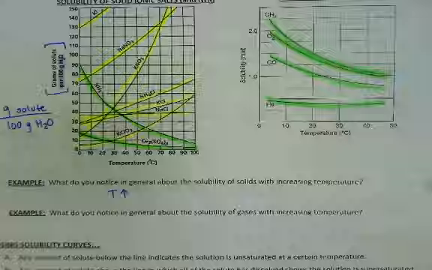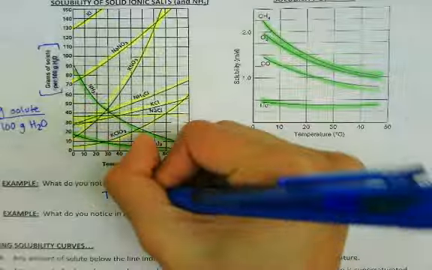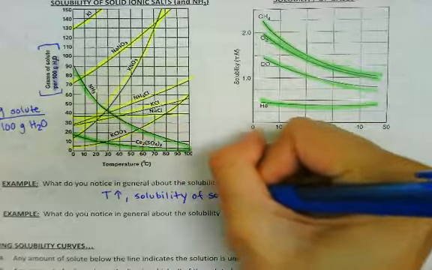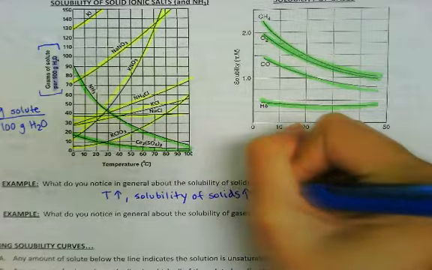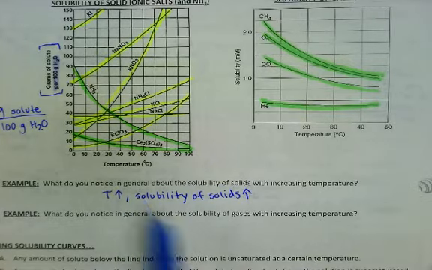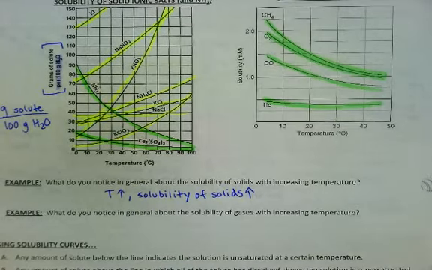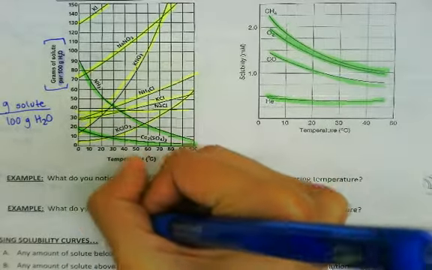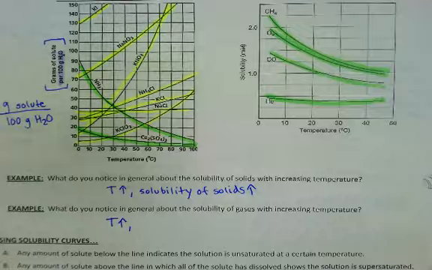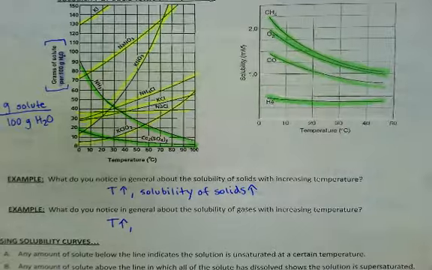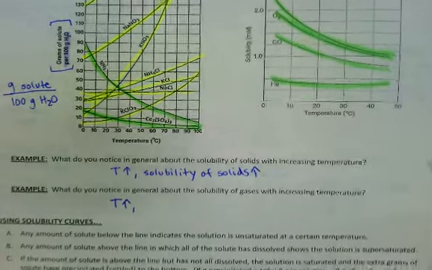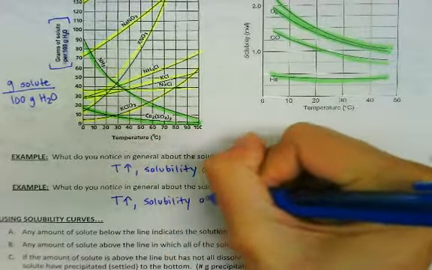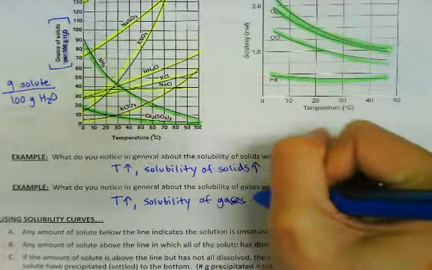Yes, so as my temperature goes up, I'm just going to use T for temperature, the solubility of solids in general, there are some exceptions obviously, but in general, increases. What about for our gases? What happens to our gases as our temperature increases? Decreases. Yeah, the solubility of our gases decreases.